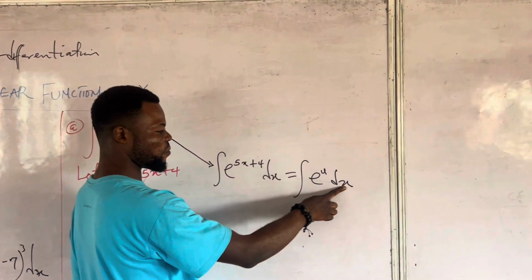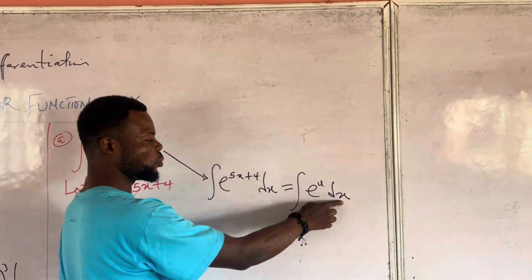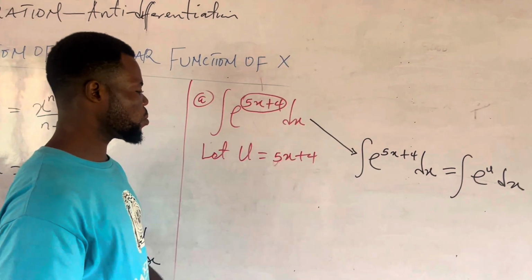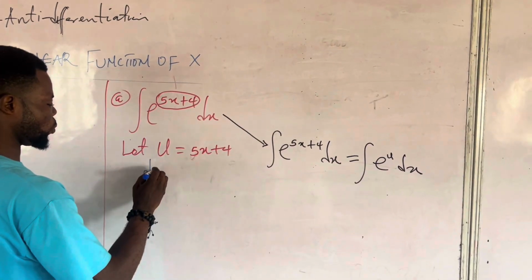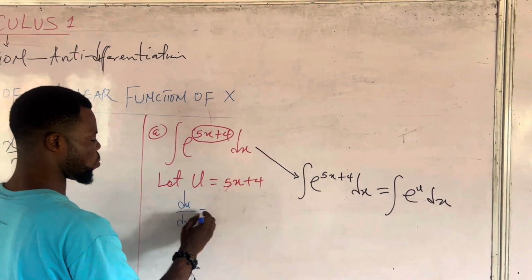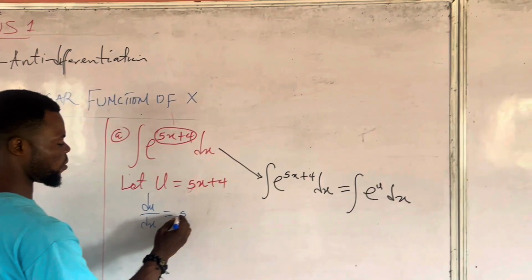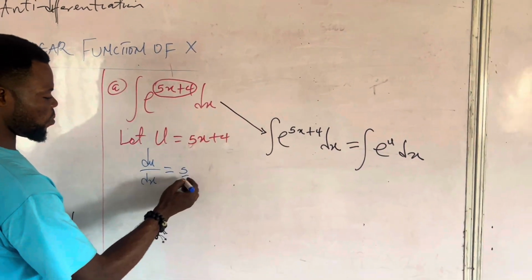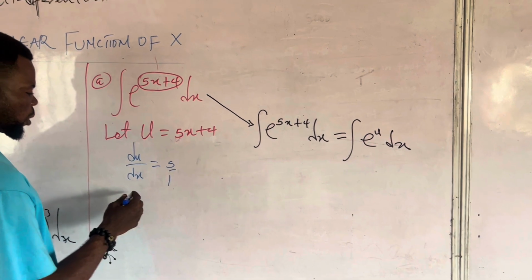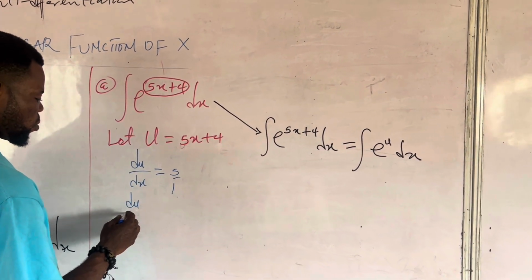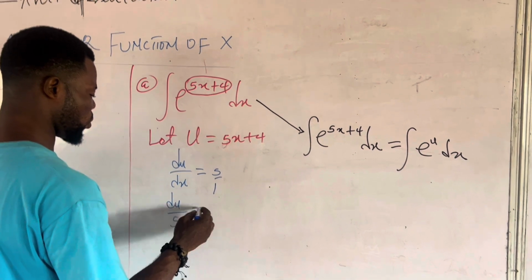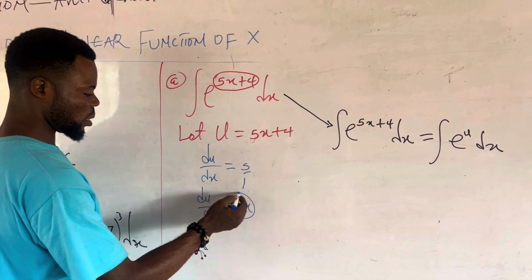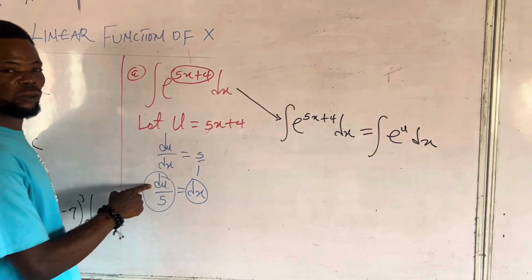We have to replace the x here, back to u instead of x, so we differentiate this. When we differentiate, du/dx equals 5, and the derivative of the constant 4 is 0. This is over 1. To cross multiply, we have du over 5 equal to dx. So dx can be replaced by du over 5.